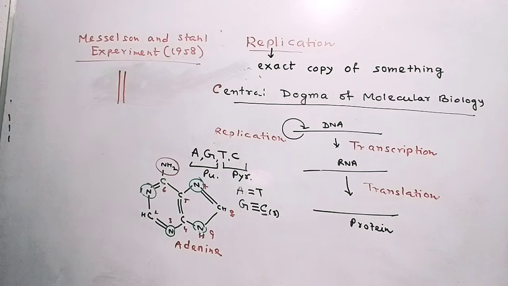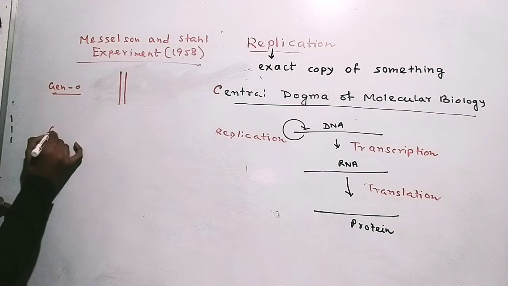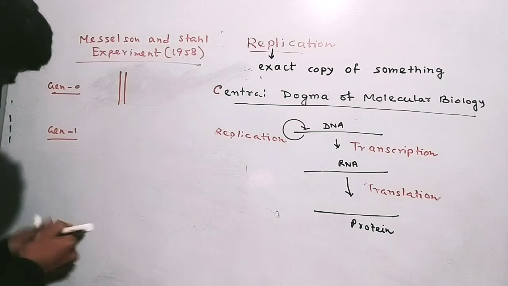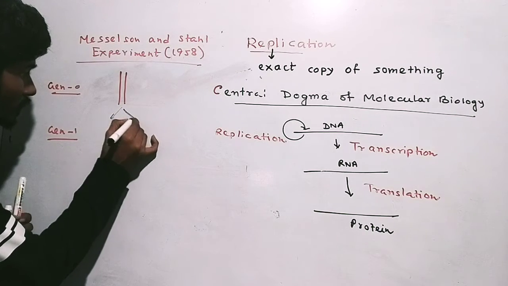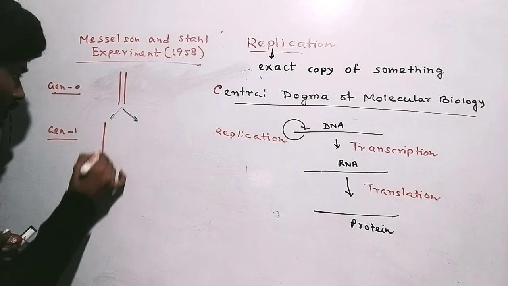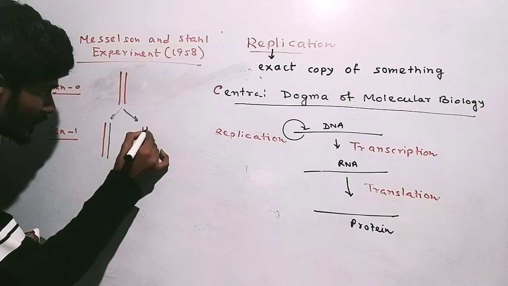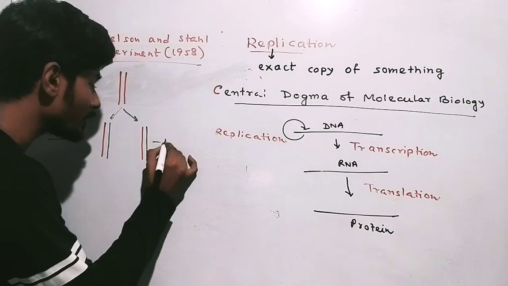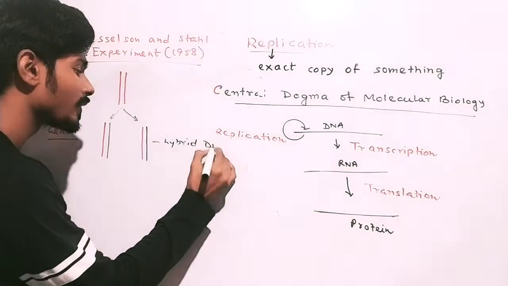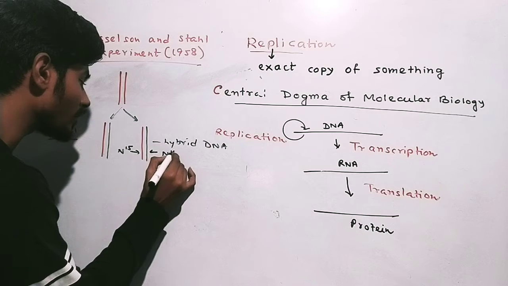Now in the first generation they saw that all the DNA molecules that were synthesized were an intermediate type of DNA, and they called it hybrid DNA, because it contained both the N15 containing strand and the N14 containing strand.